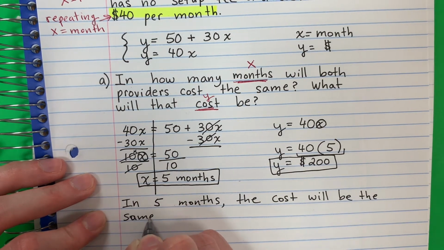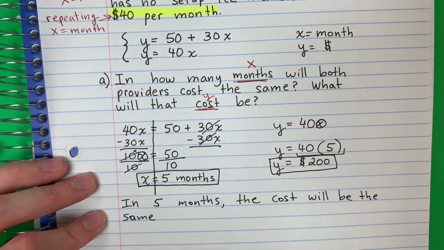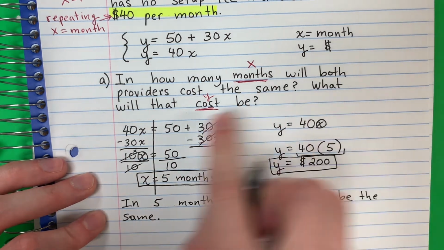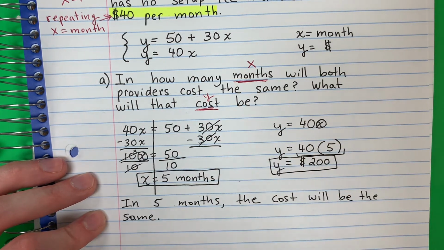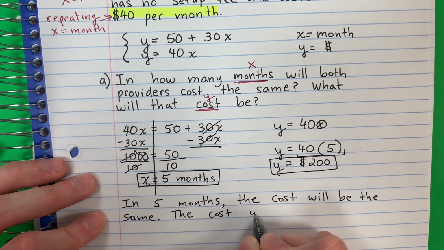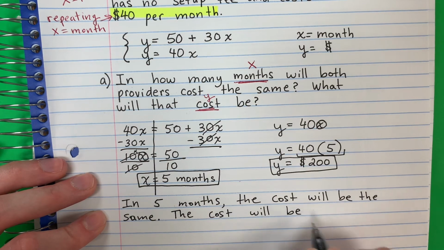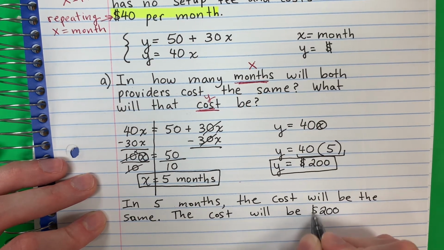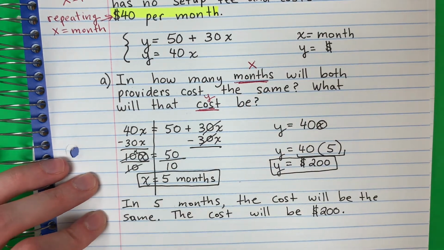En 5 meses, el costo va a ser igual. What will that cost be? ¿Cuál es el costo? The cost will be $200. El costo será $200.